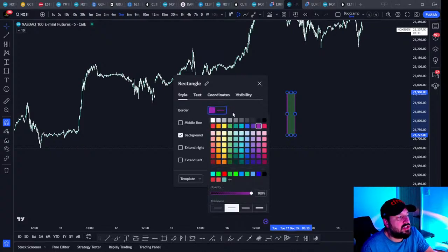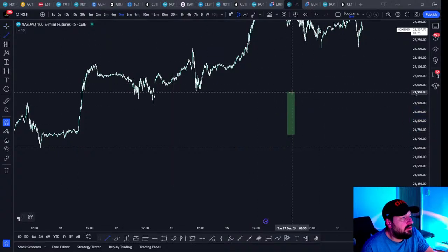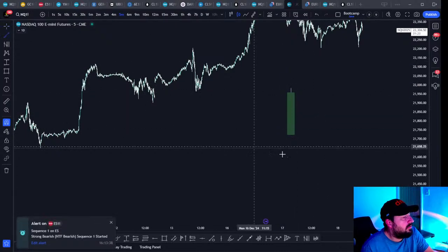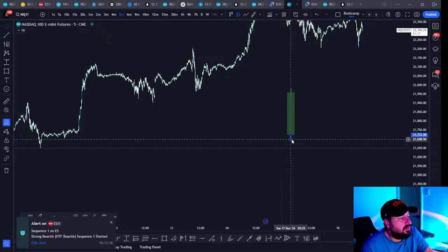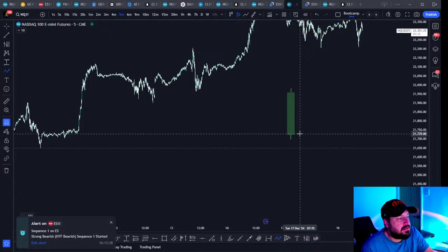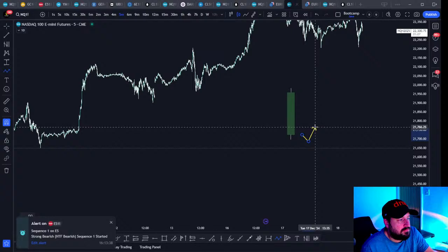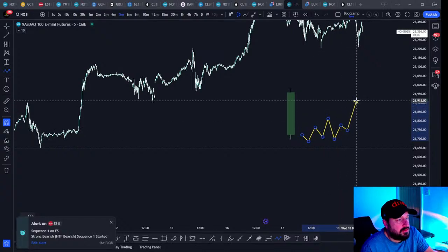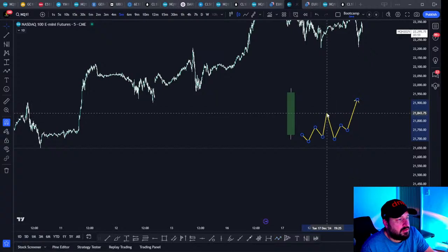I'll just do a bullish example, because then it'll make sense. So this is a bullish hour, right? Just gonna lay it out a bit cleaner.